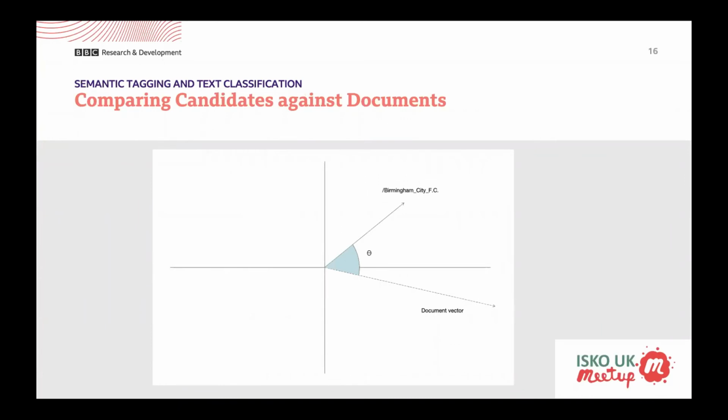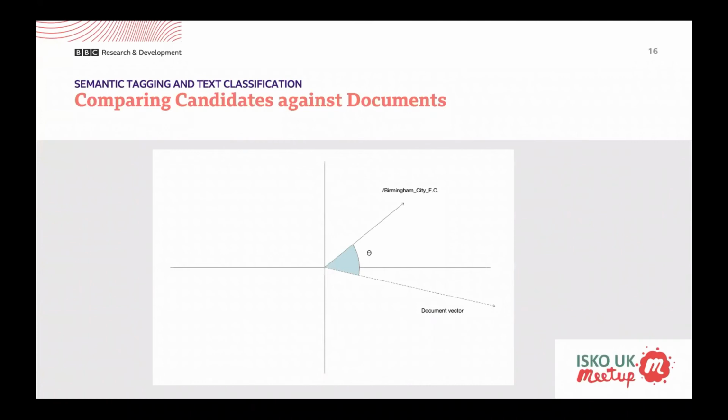So what we did was, you can create a vector to represent the document, basically by concatenating all the vectors for the individual words that you find in the document. And you can then compare that against the vectors for each of the candidate entities. So here I'm comparing the document with the entity representing Birmingham City Football Club.